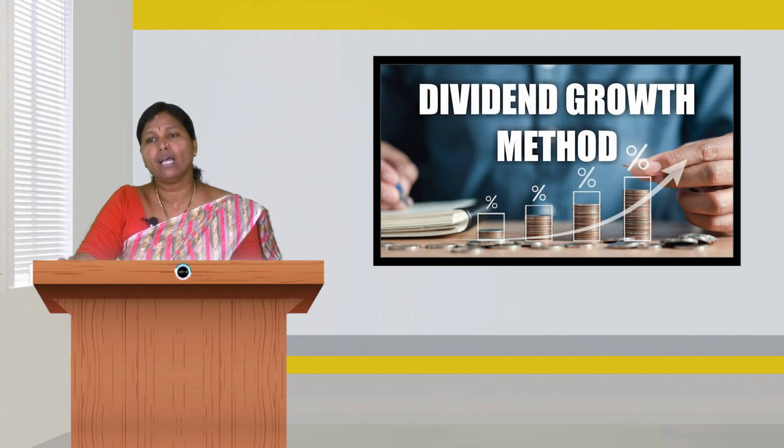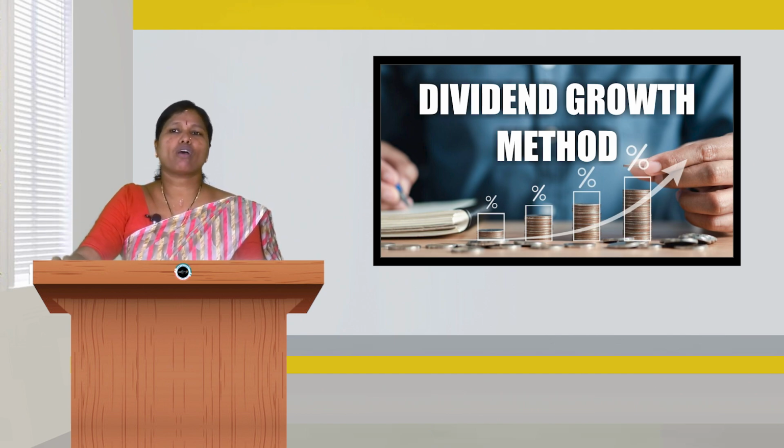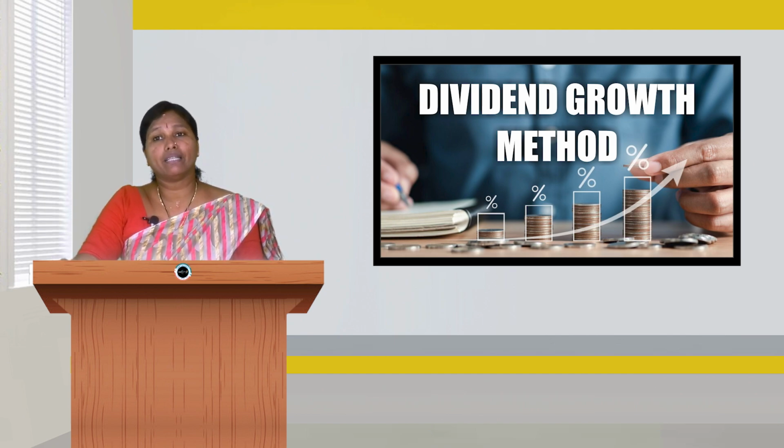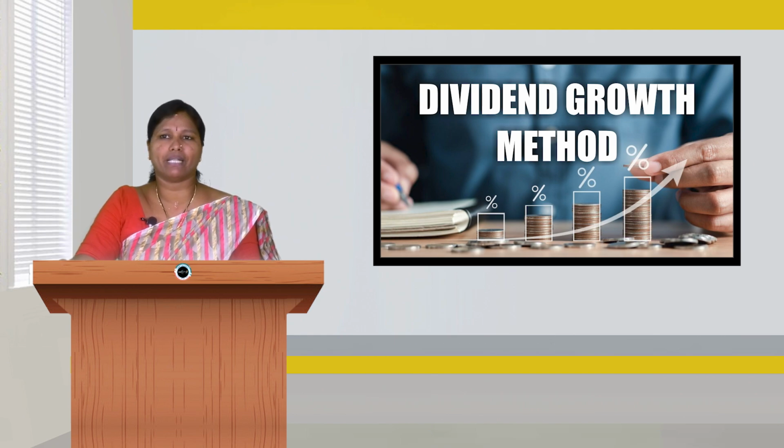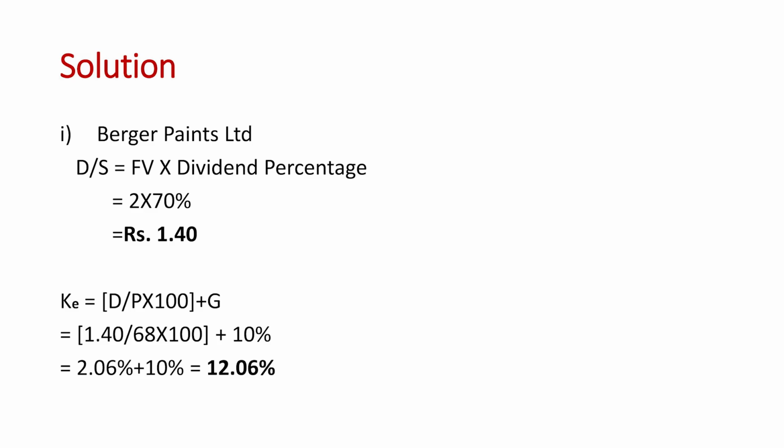Straight away go to the calculation of cost of equity under the dividend growth method of Burger Paints Limited. So, the formula is K is equal to D divided by P into 100 plus G. G means here growth. Okay, first we have to calculate the dividend per share. How to calculate?